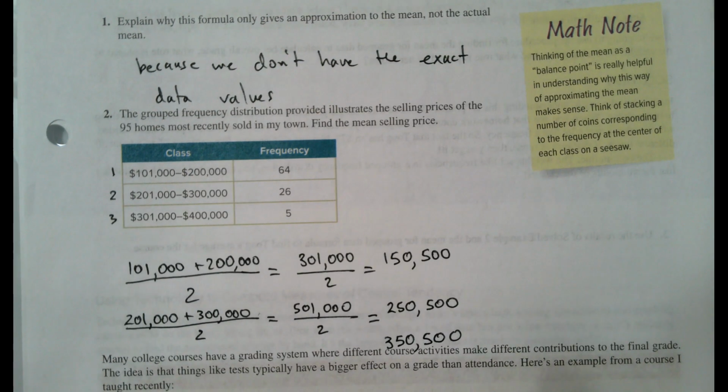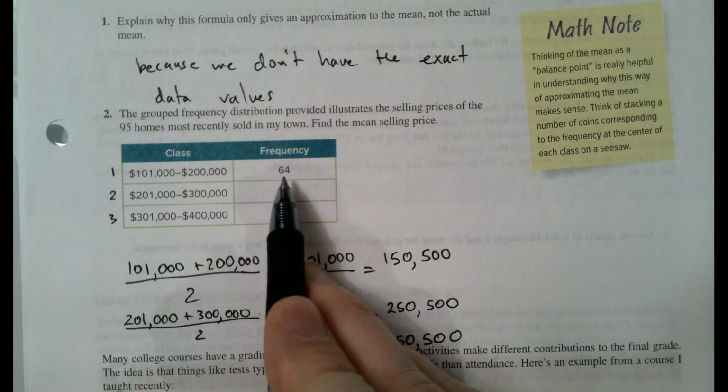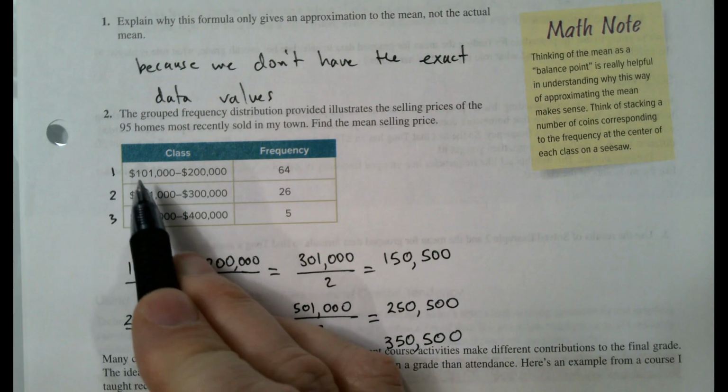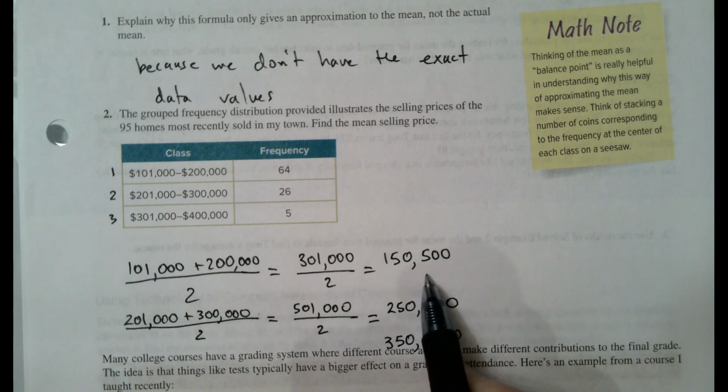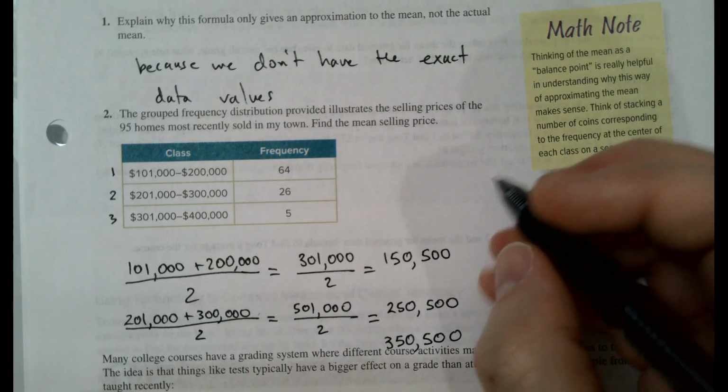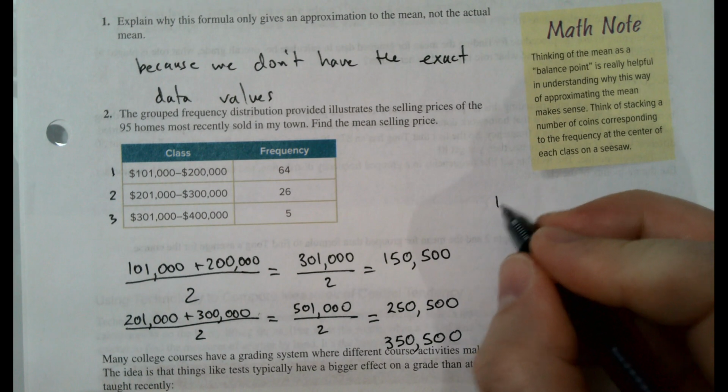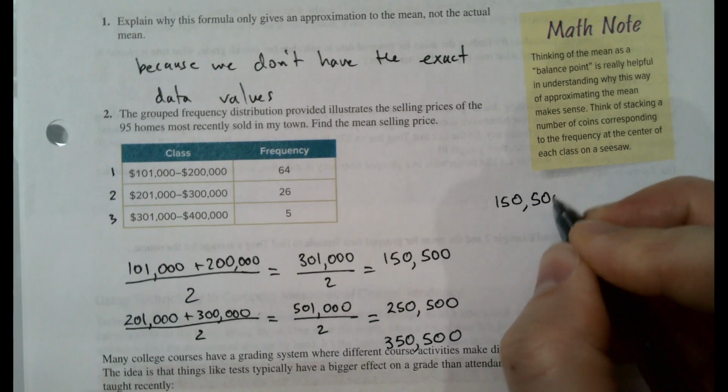So to get the mean, we're going to multiply the frequency, the number of homes that were sold in this range, times what we're claiming all the homes were sold for, right? We're literally saying every single home in this class was sold for 150,500, approximately.